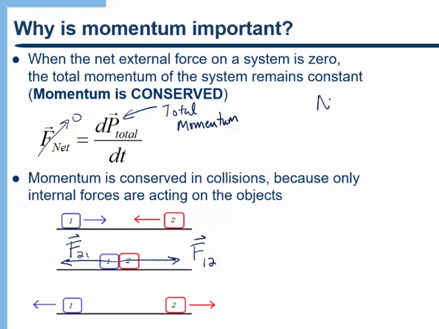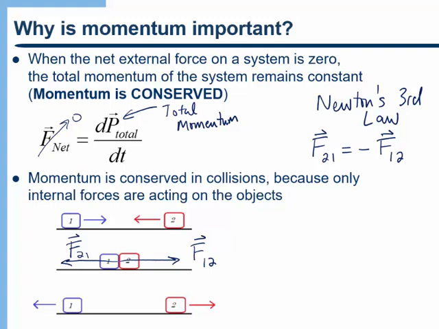So in other words, from Newton's third law, we know that F21 is equal to negative F12. And again, we do want the minus sign in there because we've got vector signs over the F's. So the magnitude of F12 and F21 is the same, but obviously their direction is opposite.